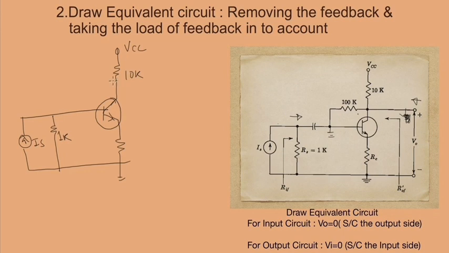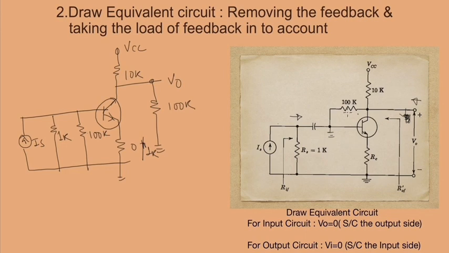Now this feedback component, seen from the output side, is this point V out, shorted. Similarly, when we observe from the input side, we take this 100K here, this 100K here, and Re has two values, either 0 or 1K. So this is the equivalent circuit for the given circuit.